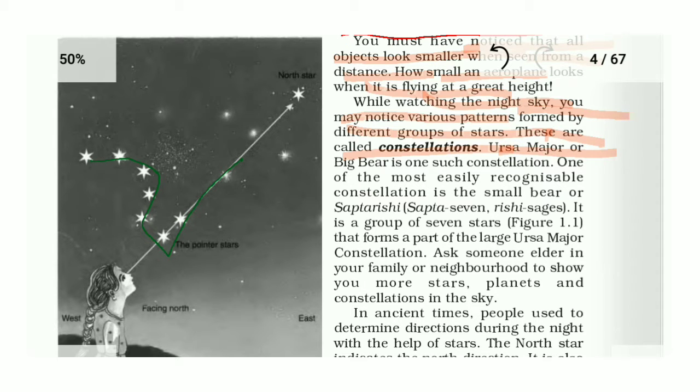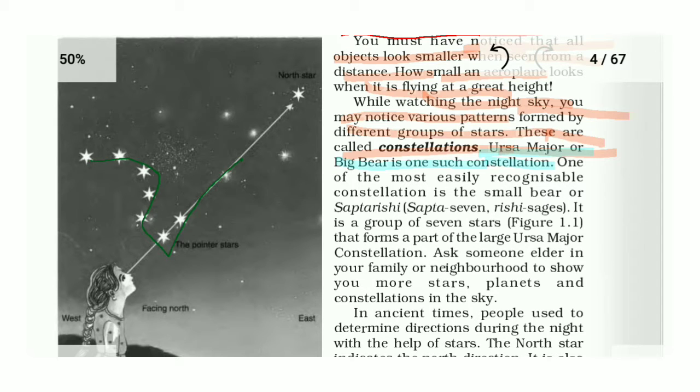Some names are given here. Ursa Major or Big Bear is one such constellation. You have to remember the names, Ursa Major or Big Bear. Big Bear and Ursa Major are constellations which are present in the sky.